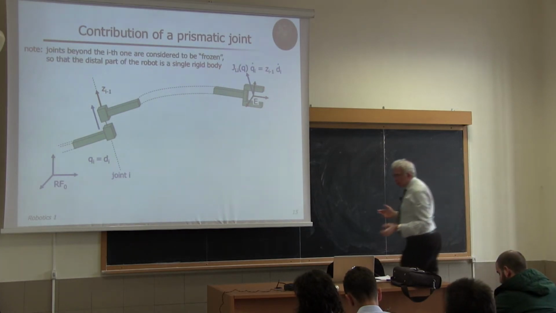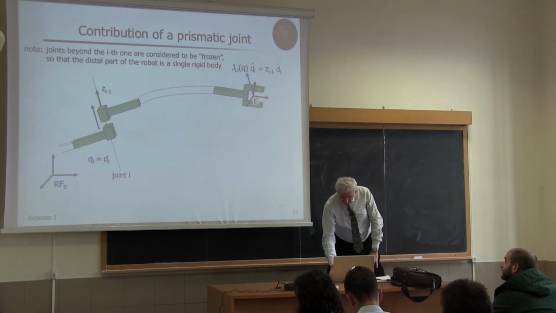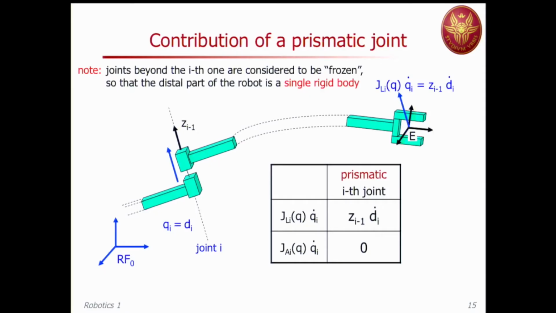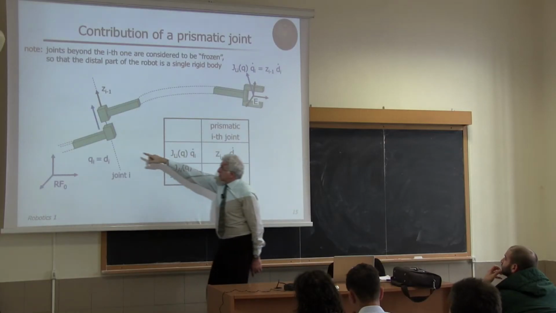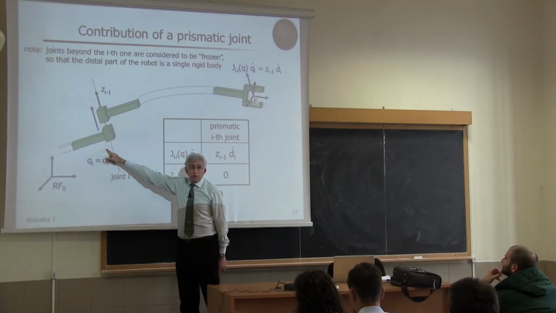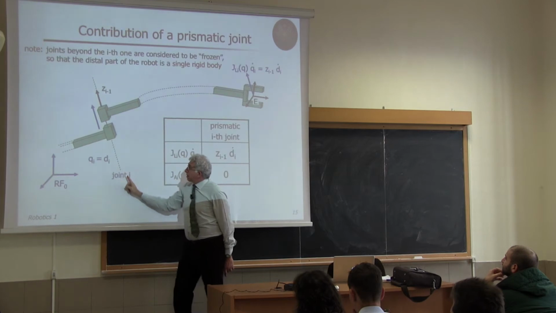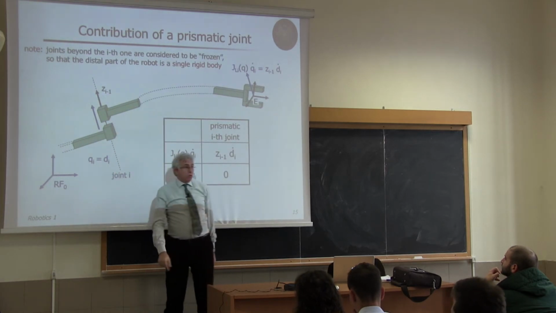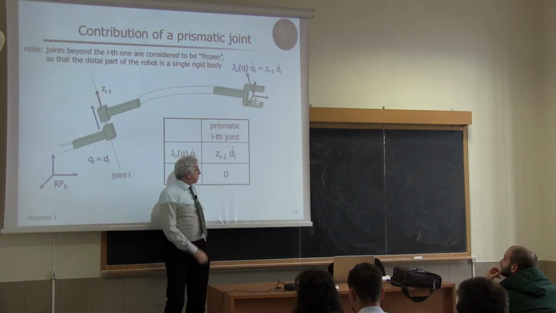So how do we write this? We said that the linear part of this joint, if joint i is prismatic, will be J_Li q_i dot, and will be equal to the velocity that I'm giving with this joint. And what is this velocity? It is a vector aligned with z_{i-1} with intensity d_i dot.